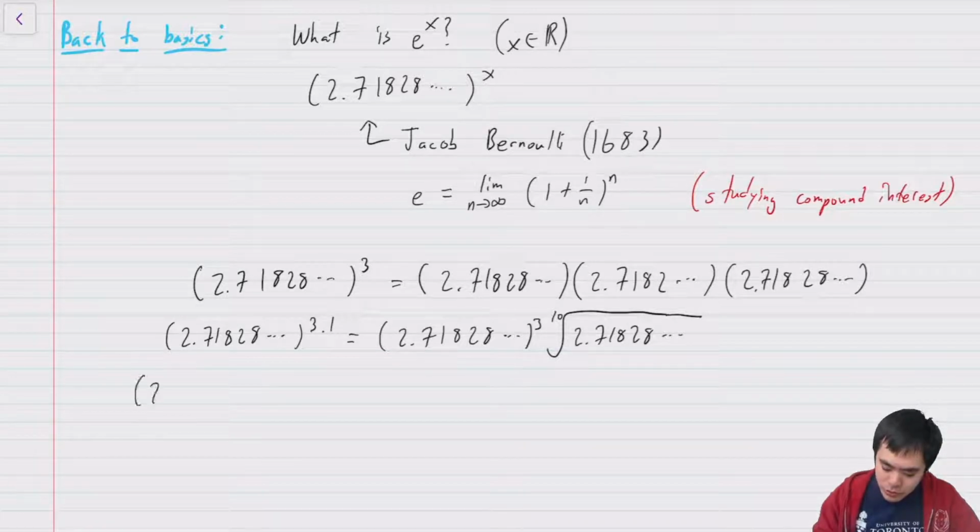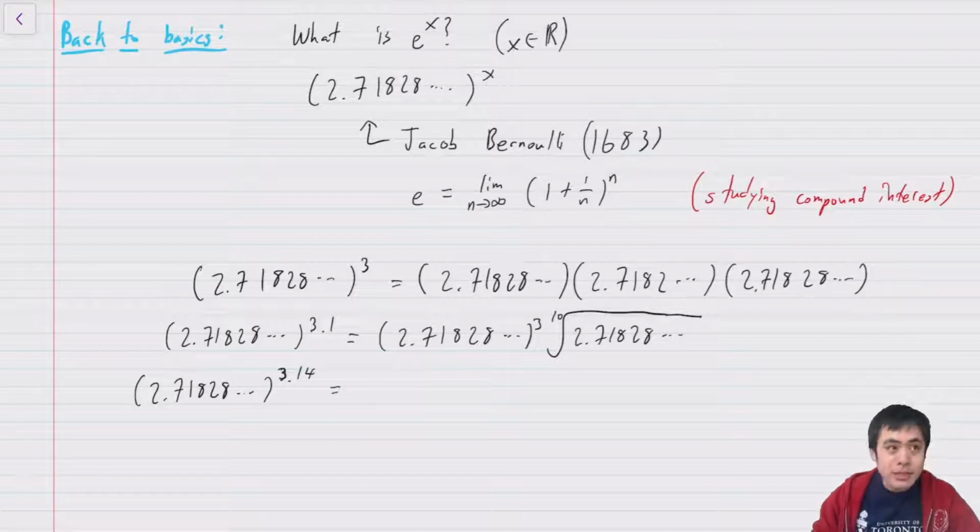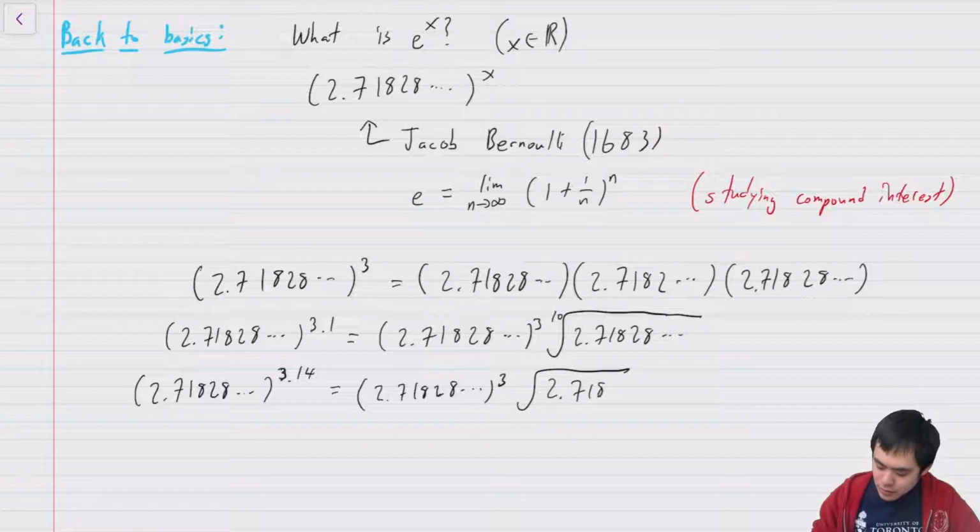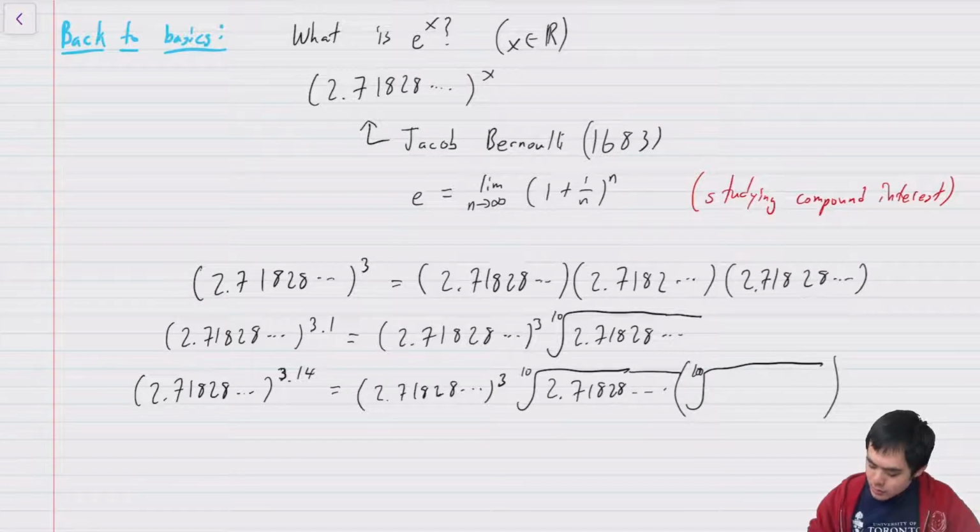So of course you could do this if you had, say, 3.14. So that's equal to the cube of 2.71828 dot dot dot, times the 10th root, times the 100th root to the 4th power of that.